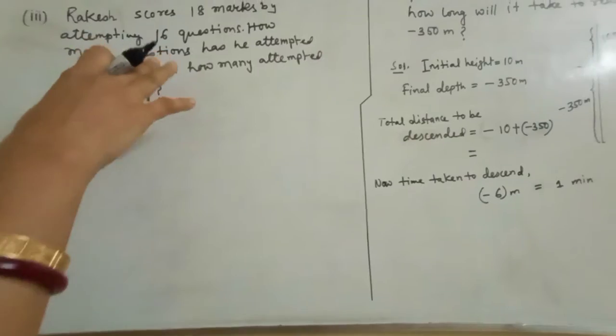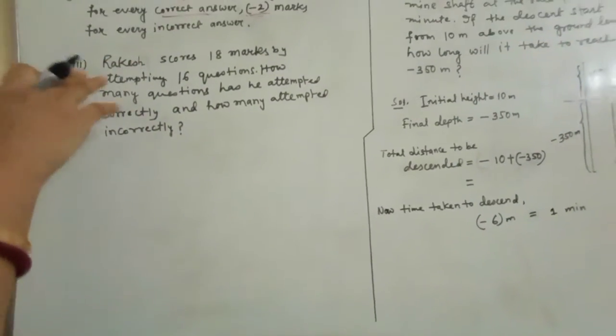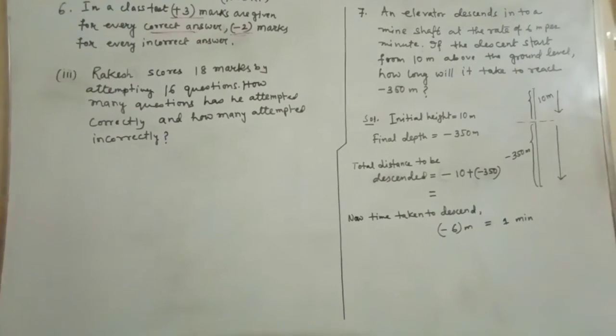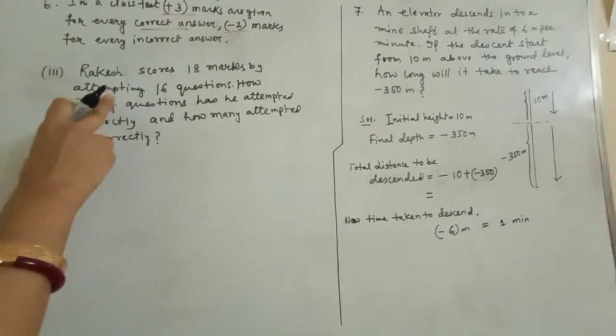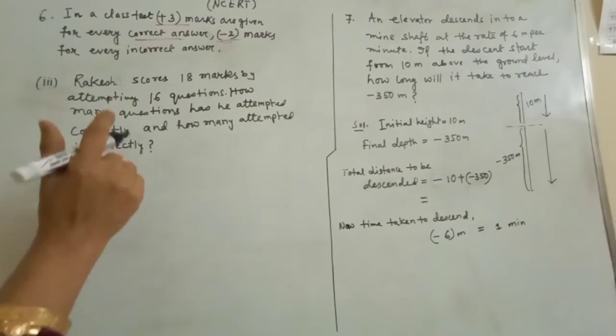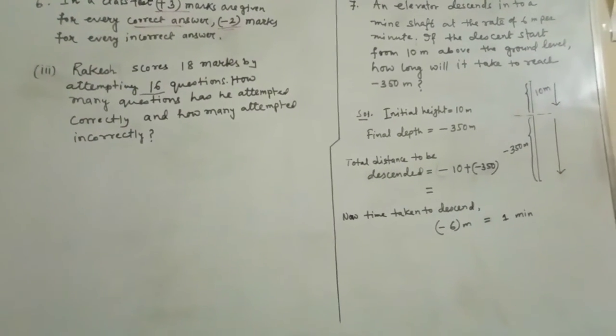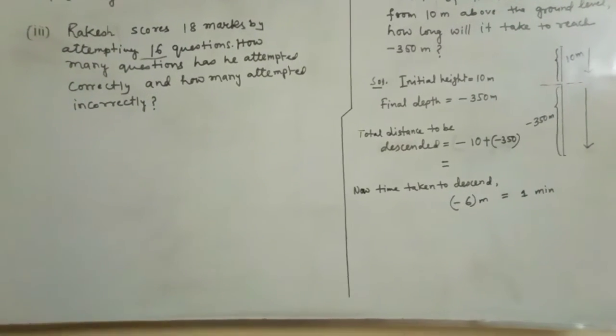In the questions we did before, the number of correct or incorrect answers was given. But here the correct and incorrect answers are not given. Only the total number of questions Rakesh attempted is given, 16.